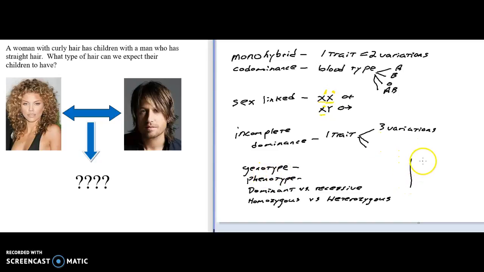You absolutely have to be able to set up and determine the results from a Punnett square. If you do not show me your square, you will not get full credit. So make sure that is always done. And then give me ratios. Ratios can be done as 2 to 2, 1 to 1, 3 to 1, I don't care.